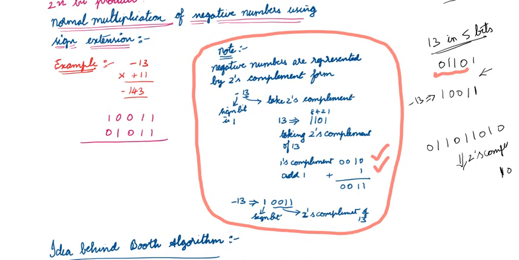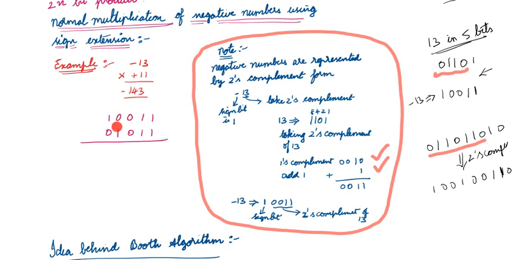For the rest of the number, you take the 1's complement, converting zeros to 1 and 1's to 0. This is the easy way. Keep this in mind: either you can use this method or the other way. It's up to you.